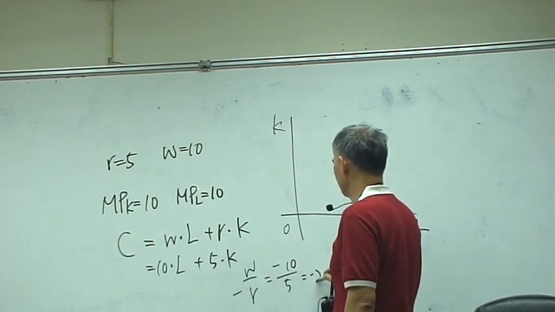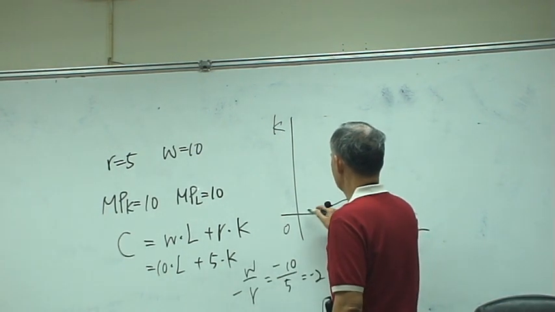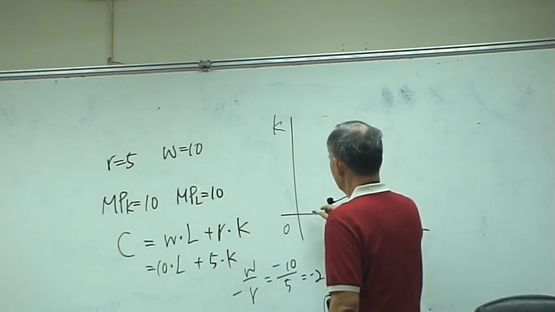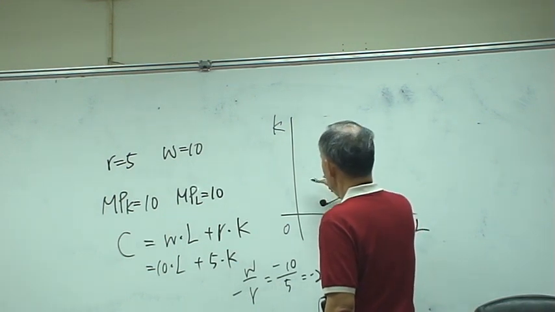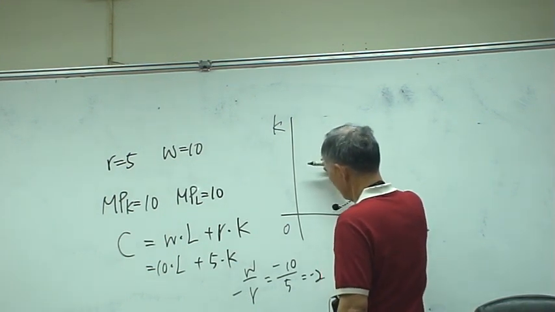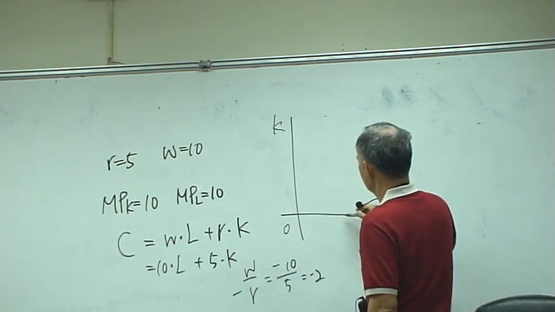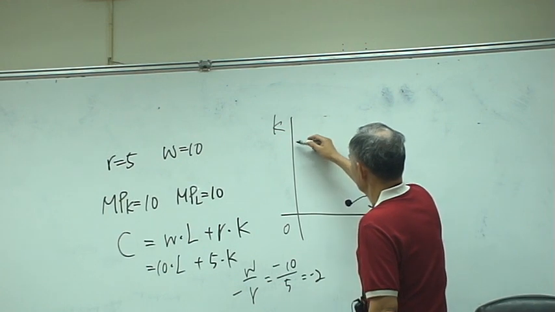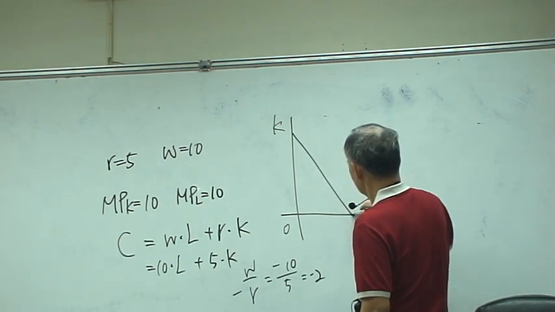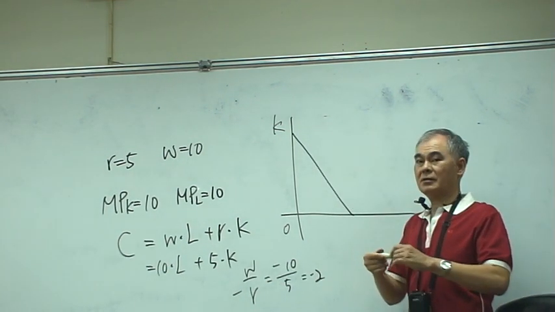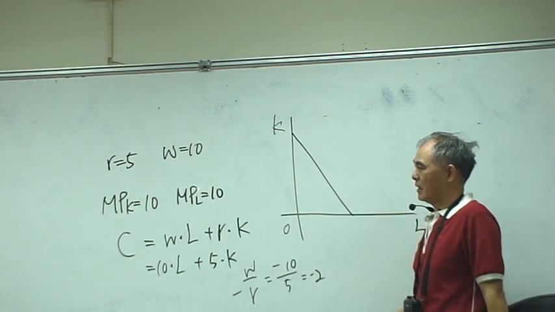So it's negative 2. Something like this. Okay, so this is the iso-cost.